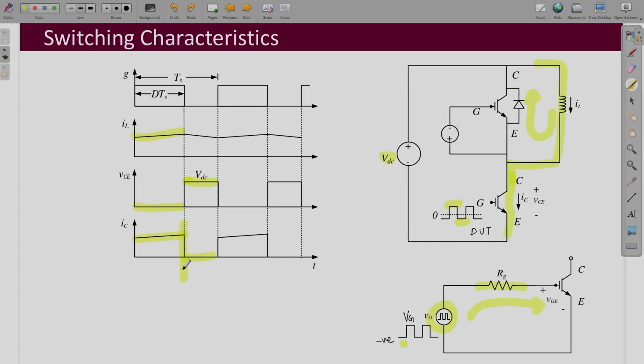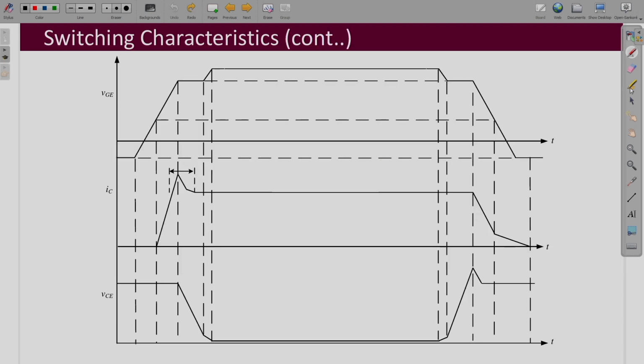Over here the turn off is happening, and over here the turn on is happening. These are the regions that we have to look into to study the switching characteristics. So, let us look into the switching characteristics.